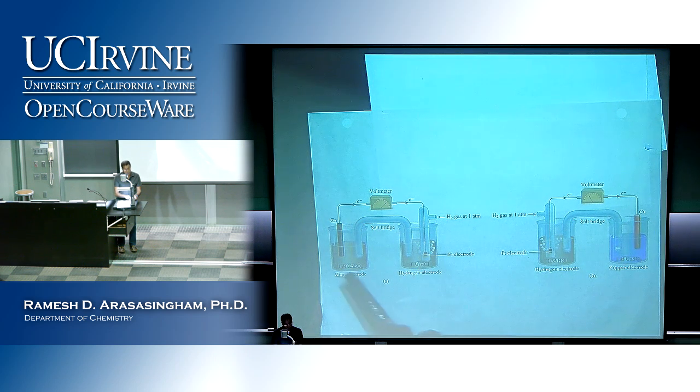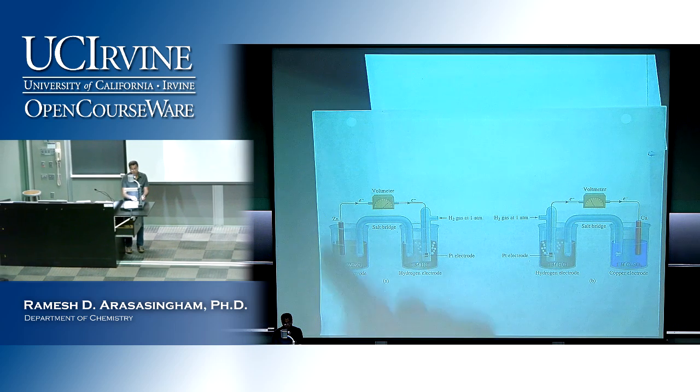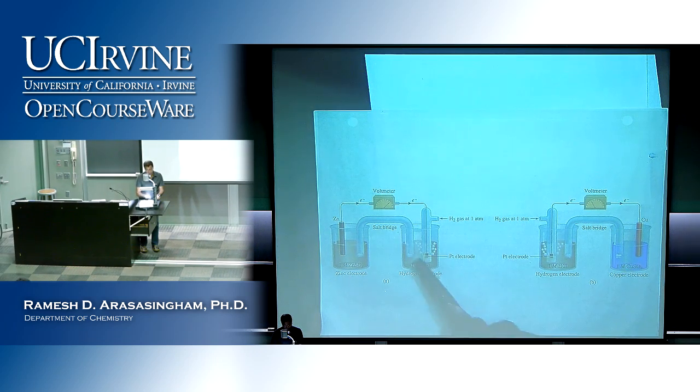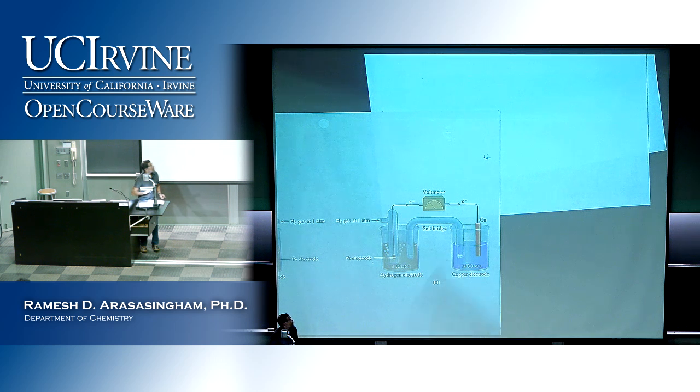Here you have the zinc electrode, and over here you have the hydrogen electrode. Okay, so this is the cathode, and you have a flow of electrons, and the circuit is completed with a salt bridge. Now over here, this is the other. Now you have a copper electrode, which is the cathode. Your hydrogen electrode is now the anode. So now this is where the oxidation occurs.